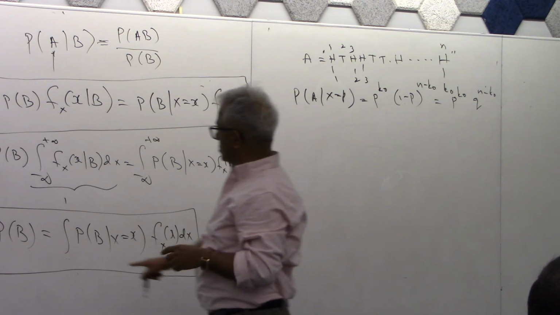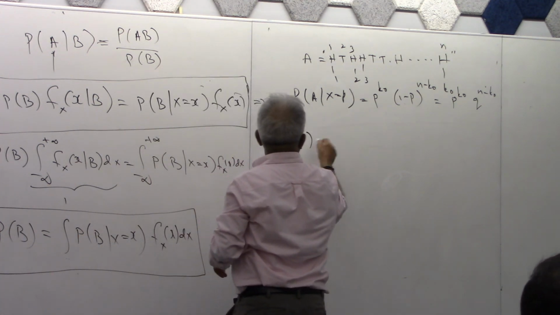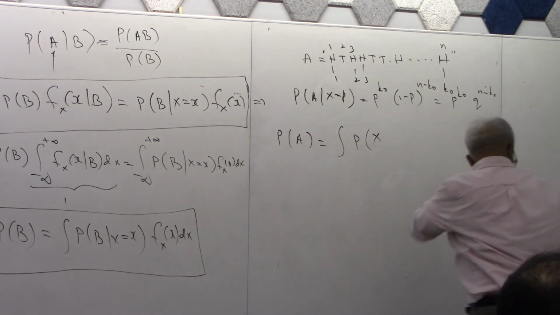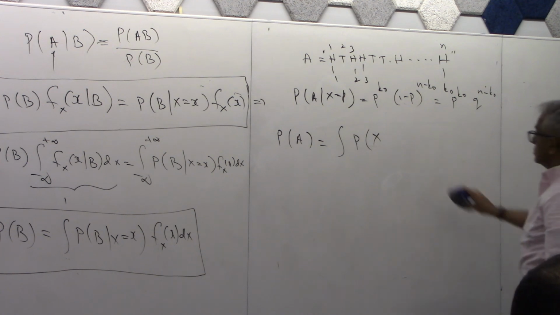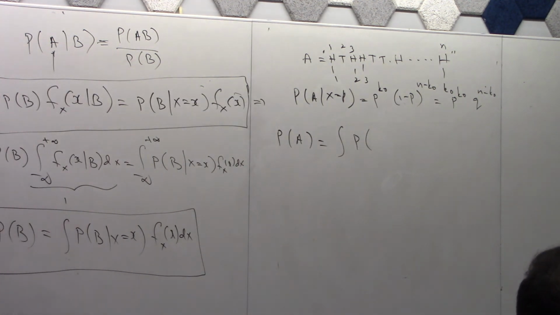Now we can use this expression to find P(A). So P(A) is the integral of P(A given X)... remember, ultimately you just need A as B here. We have this one. This is uniform, so we just need to find this.